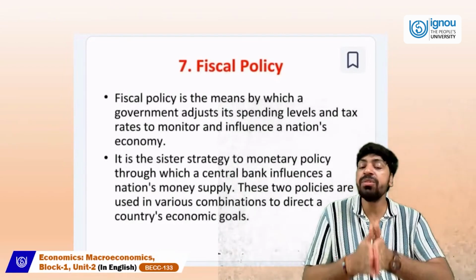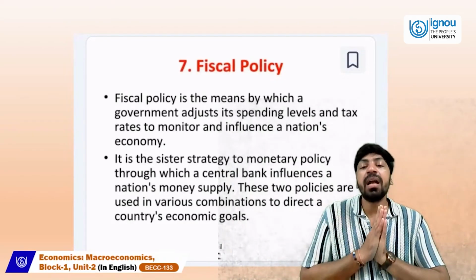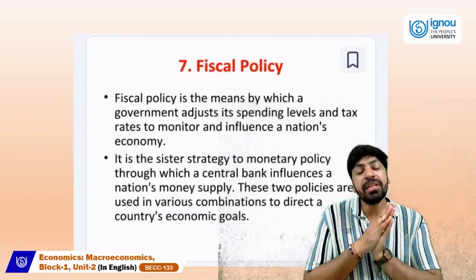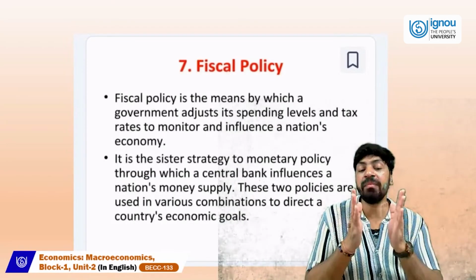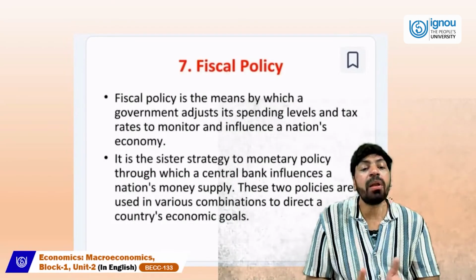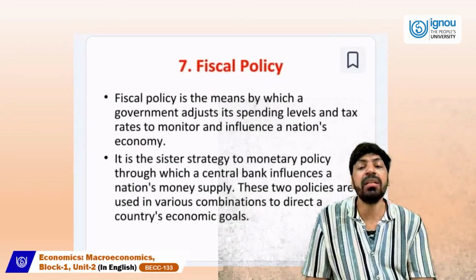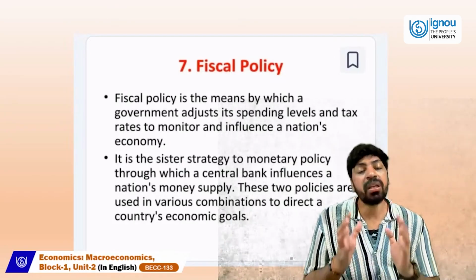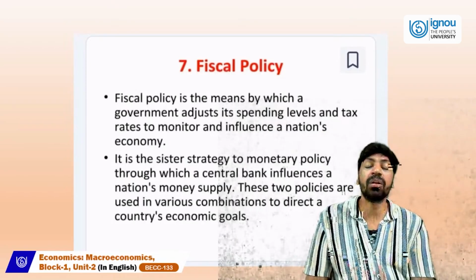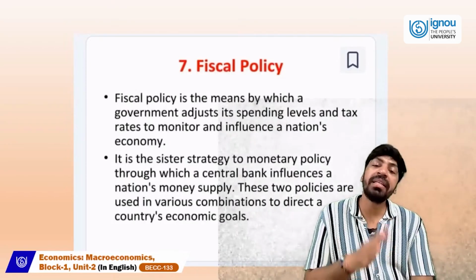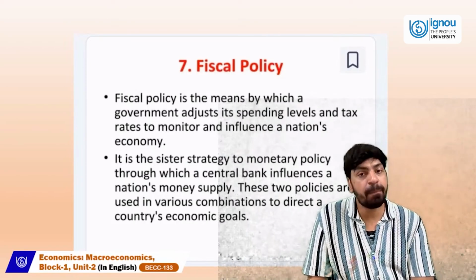When economists and policy makers combine these two policies, monetary and fiscal, they direct and achieve the country's economic goals, and that is the ultimate goal of fiscal policy.